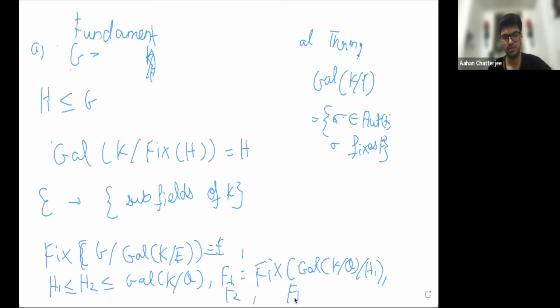Then we have that f1, f2 is a subfield of f1, and it can be shown that the degree of f1 over f2, f2 over f1 is equal to h1 over h2.